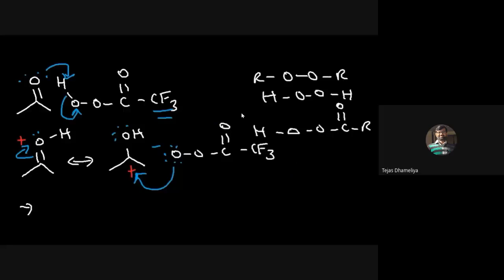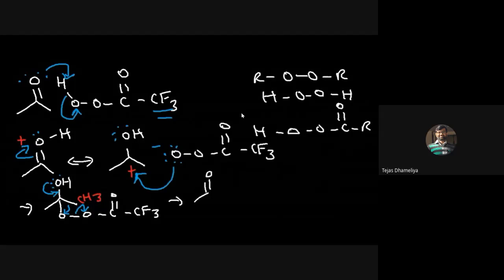Then the trifluoroacetate oxy anion forms, the oxide anion basically, which will attack the electropositive carbonyl carbon. Here also a similar kind of migration is possible when the negative charge lone pair on oxygen moves the methyl to migrate towards the oxygen, and once the methyl is migrated, we shall have formation of methyl ester.